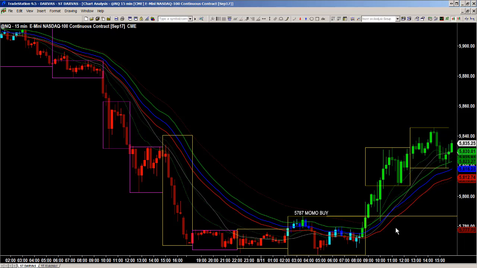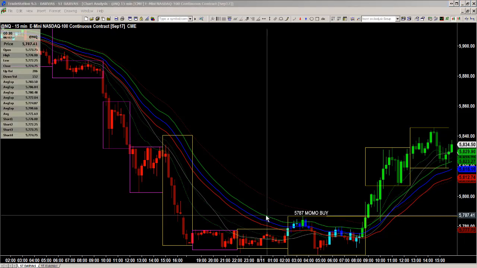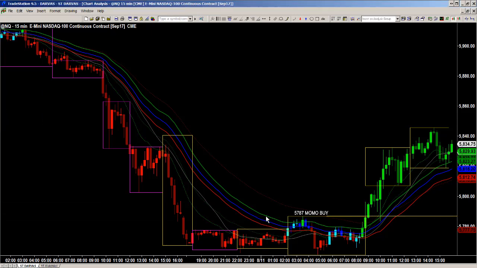I liked the timing of a post hot zone long entry. In this way, I could take out not only the 34 EMA on the high, but also the previous resistance based upon actual price action. These are not projected support and resistance levels. They are actual support and resistance levels. So breaking that 57.87 took us long.